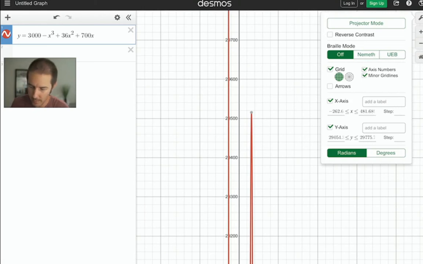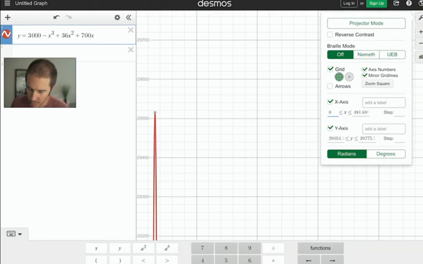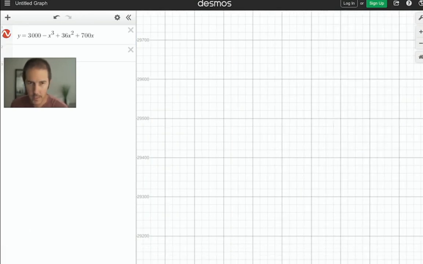Below that, I'm going to change this number to a 0, and the right-hand number to a 20. And then I just tapped in the middle of the screen. And the problem is I don't see anything anymore. It shouldn't have changed the vertical aspect of what I was looking at, it just changed it horizontally.